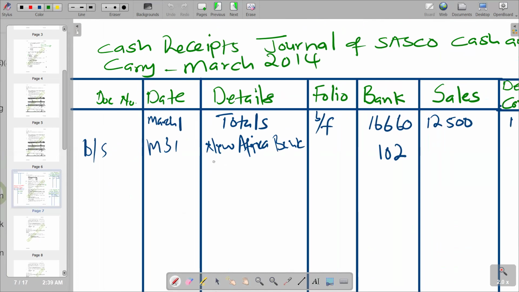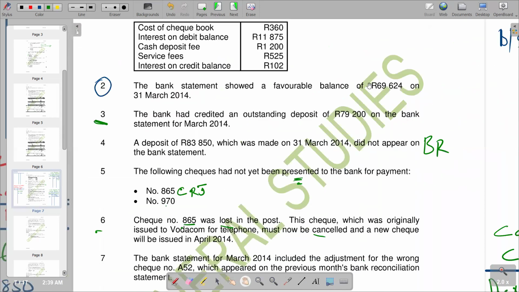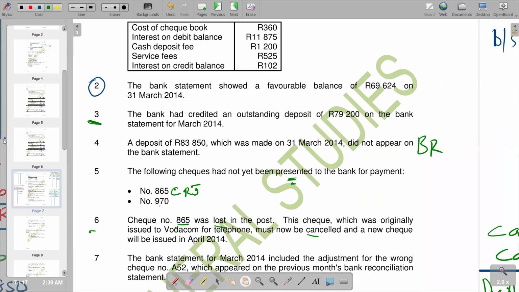And we try to see whose check that was. We can go to our information describing that check and see what it was for. It was for Vodacom. This check was originally issued to Vodacom for telephone. So we can just write Vodacom.